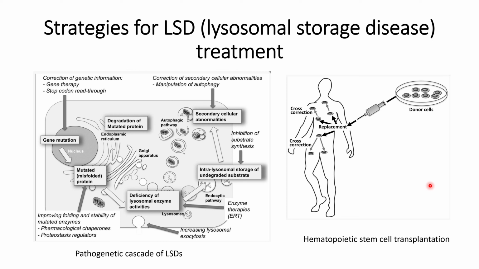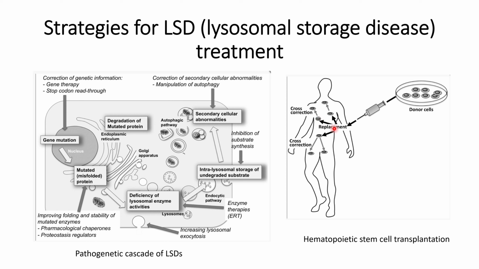And one strategy that has been a constant topic of research among researchers is to transplant donor stem cells directly into the patient, so that it can work in two separate directions.